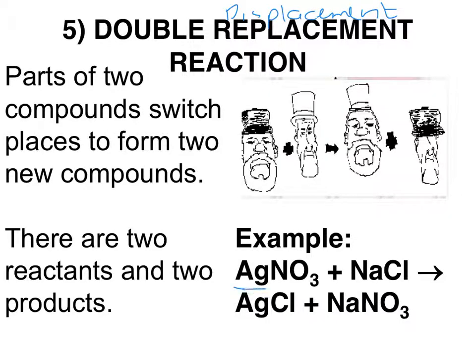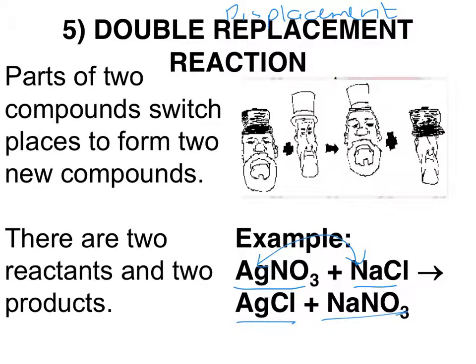Like down here we have silver nitrate and sodium chloride. What's going to happen is, you can think of it as either the positive ion switch or the negative ion switch, but essentially silver and sodium switch spots. Now silver is attached to chlorine and sodium is attached to the NO3.